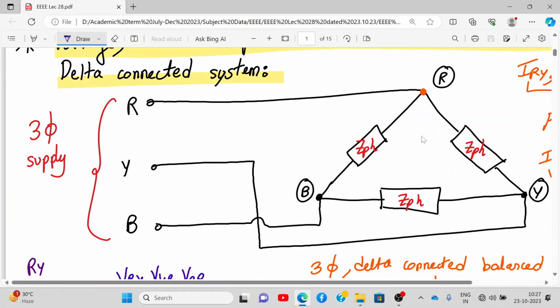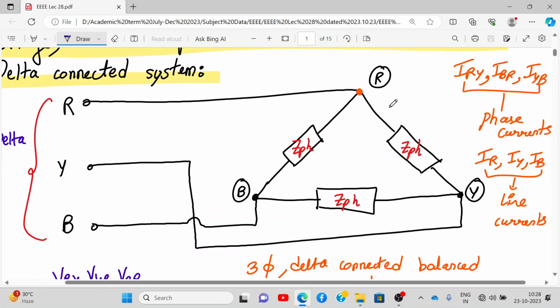So this is three-phase delta connected supply. I've just written three-phase delta supply. And this is my three-phase delta connected load.